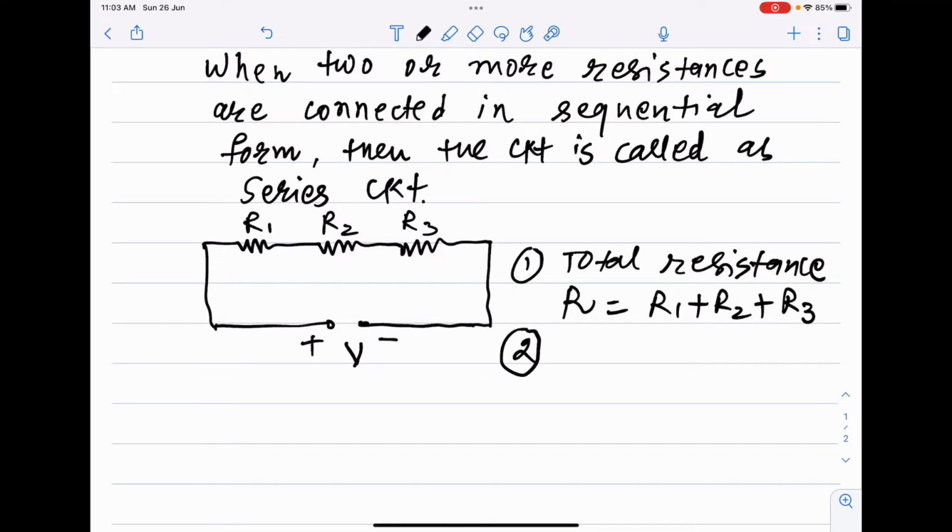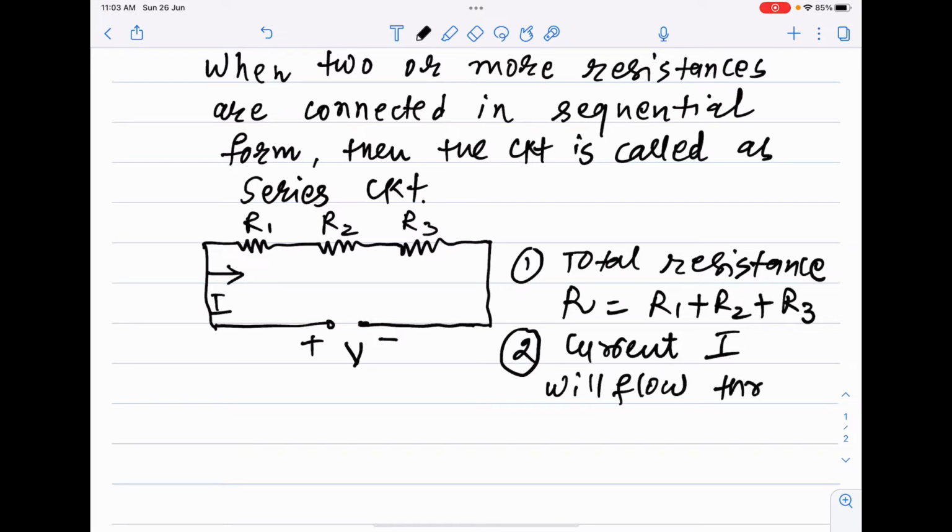The second property is that the current flowing in the circuit is the same. That is, if the current flowing in the circuit is I, then the same current I will flow through all the resistances.